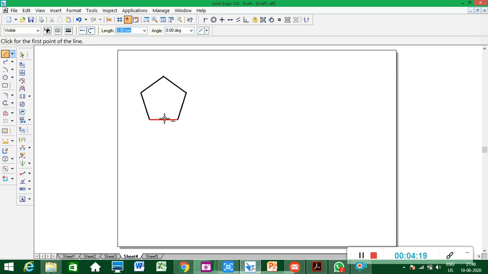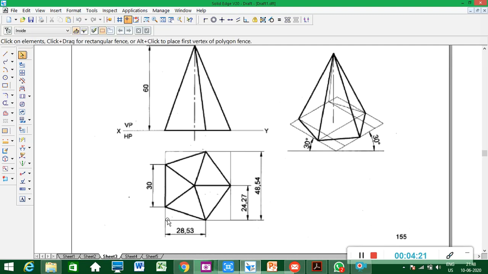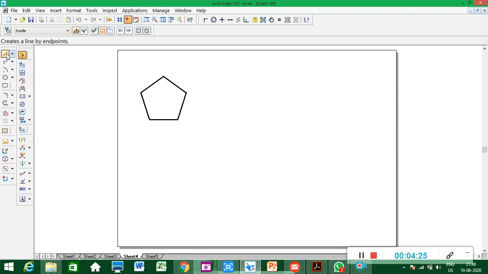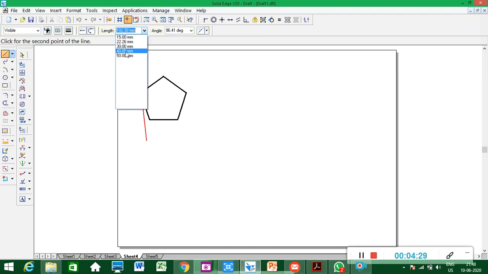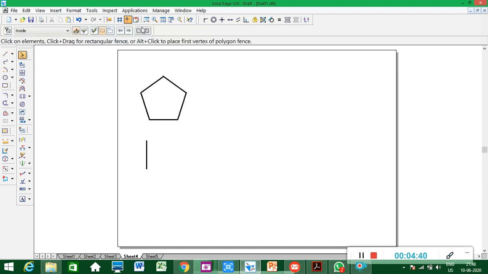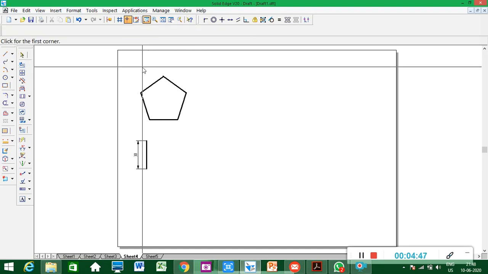When you want to draw manually, I'll also show how to draw it. First you draw the 30 mm side as a vertical line, because many students make mistakes drawing the pentagon's first position. I'll draw another line of 30 mm here and zoom the area.